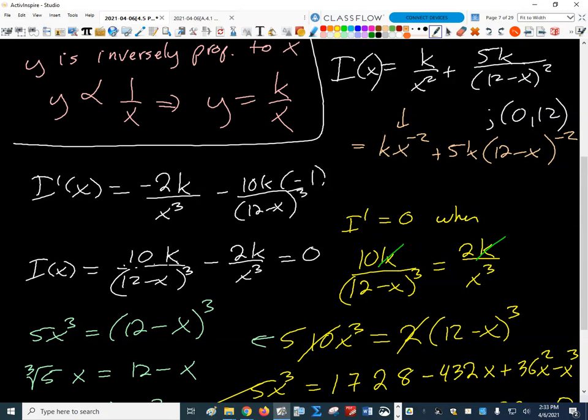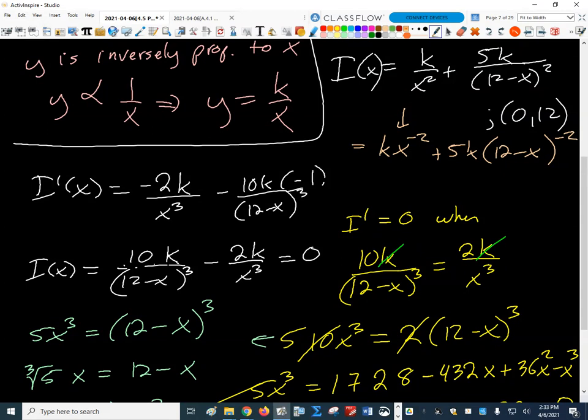I'm getting negative 2k over 11 cubed, which is huge, plus 10k over a really big number, so a really small fraction times k.